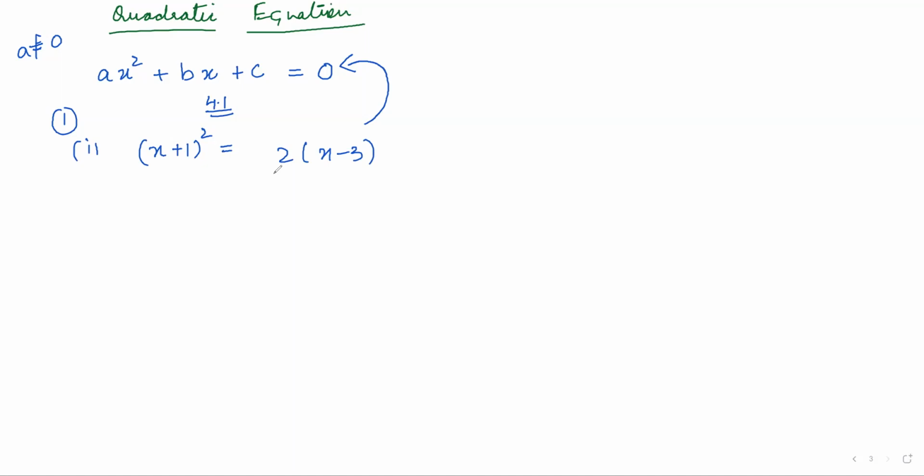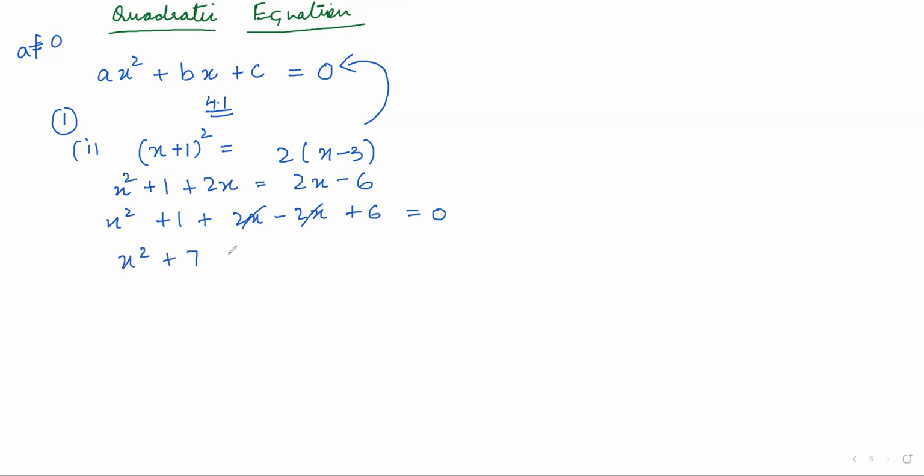So you have to simplify, bring all the x terms on the left hand side and see what you are getting. That's it. So a plus b whole square means a square plus b square plus 2ab. This is equal to 2x minus 6. So that becomes x square plus 1 plus 2x, and then minus 2x and plus 6 is equal to 0. So 2x will get cancelled out. So x square plus 7 is equal to 0.